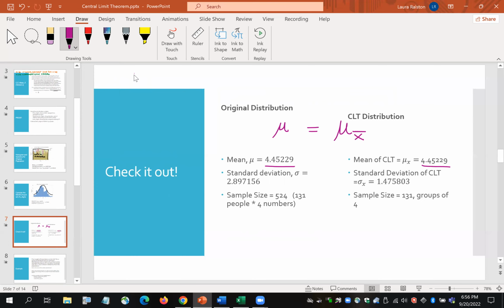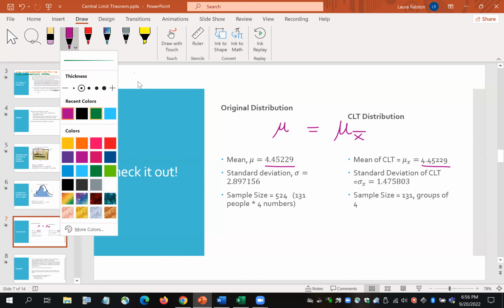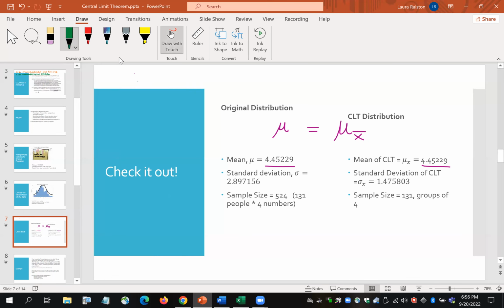Now notice the difference in the notation. We have to have a way to distinguish whether we're dealing with the mean of some unknown distribution or the mean where we have applied the central limit theorem. To show that we are using the central limit theorem, you'll see it written with a little subscript of X bar.